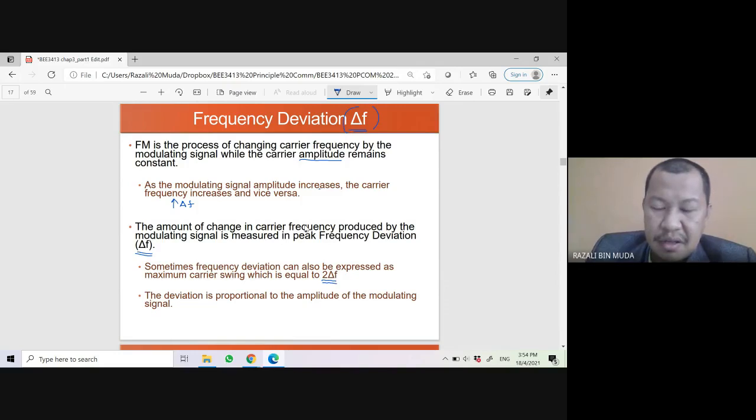This is called carrier swing. Swing means from the maximum positive to the maximum negative, or from the maximum to the minimum. The deviation is proportional to the amplitude of the modulating signal. Delta F is proportional to the amplitude of the modulating signal.